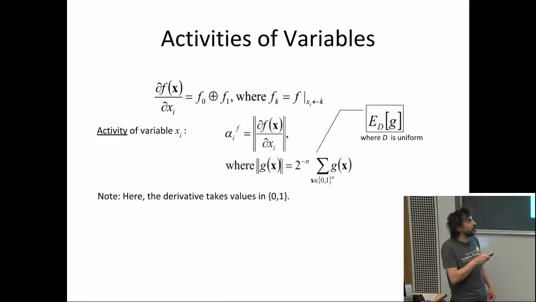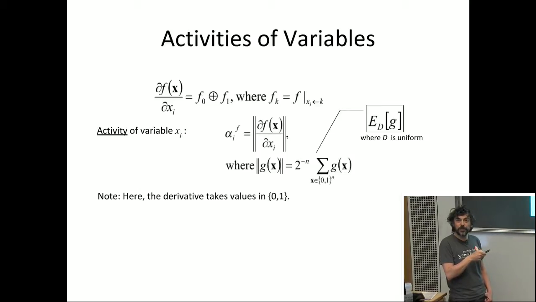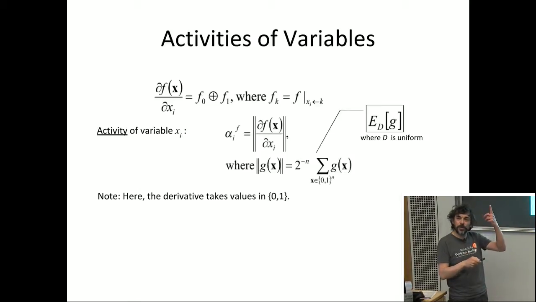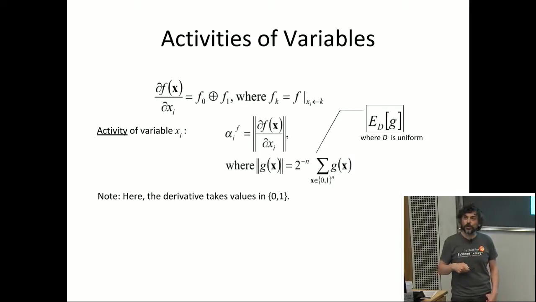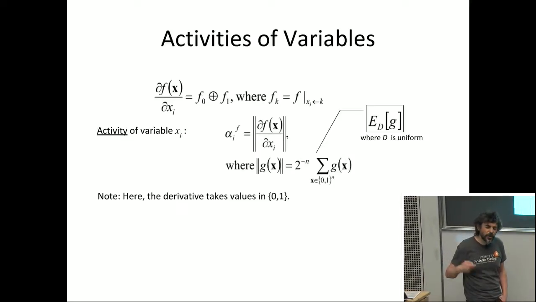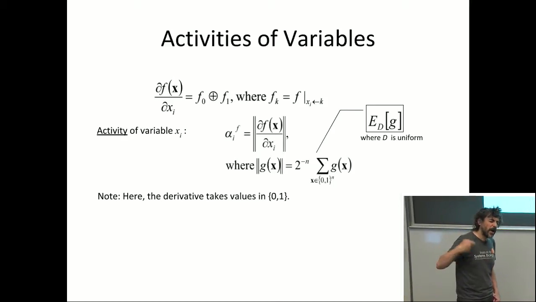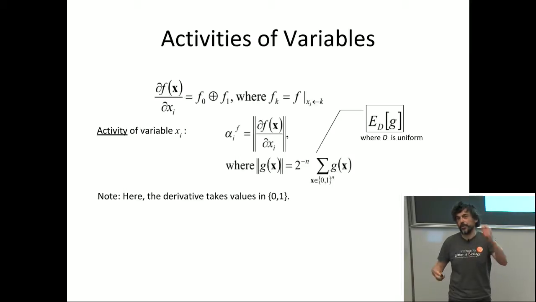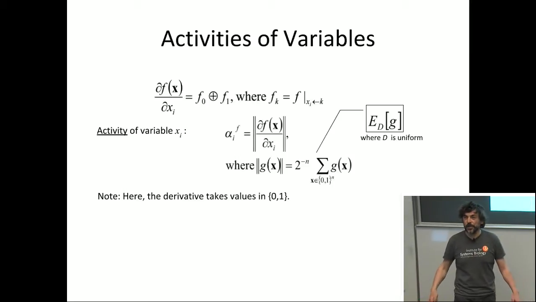I add up the values of the function over all of the inputs, basically go through the hypercube, add it up, and divide by 2 to the n, just to get it between 0 and 1. That's the average. So the activity of the ith variable of the function is defined as the average of the partial derivative. So in other words, on average, how often does the function change if I change the ith input? That's what it means.